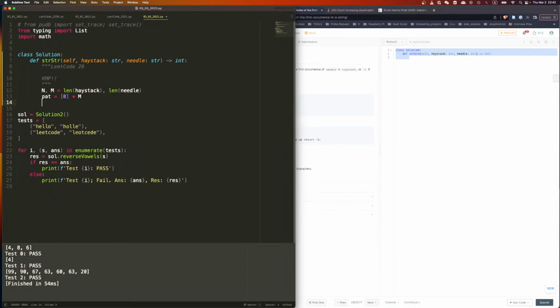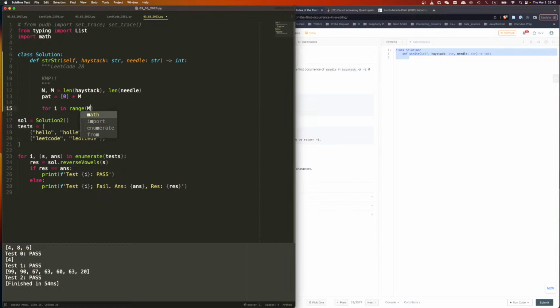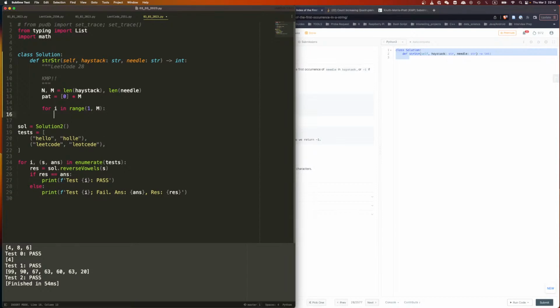Now what we're gonna do is go through the pattern, right? So say for i in range m. Actually 1 to m, right? So for each one, we'll say if pattern i minus 1 is equal to 0, right?